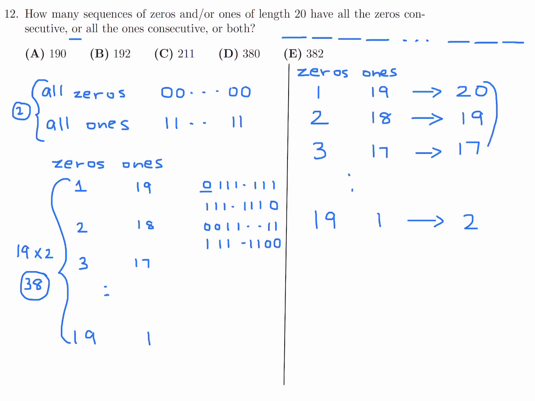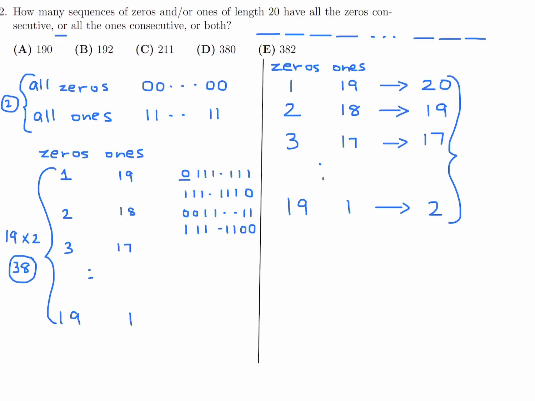So our task now is to add these up. And that is basically the sum from 2 to 20. So I'll just use the sum of 1 to 20 and then just subtract 1. And that looks like 10 times 21, 210 minus 1, so 209.